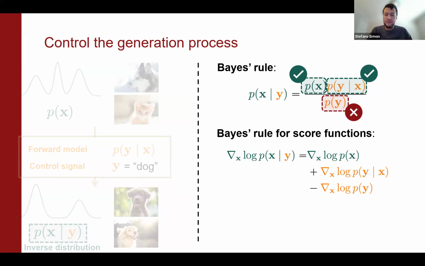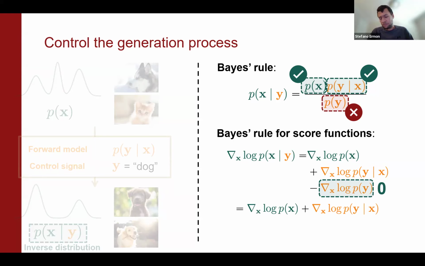And crucially, you can see that the denominator P of y does not depend on x, just like the partition function did not depend on the actual point you are at. The denominator is just a constant with respect to x, so when you take the gradient with respect to x, that disappears. So what this is telling us is that if you want the score of the posterior, all you have to do is sum up the score of the prior and the score of the likelihood.